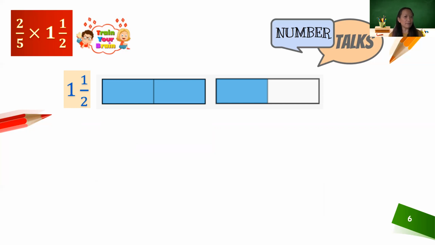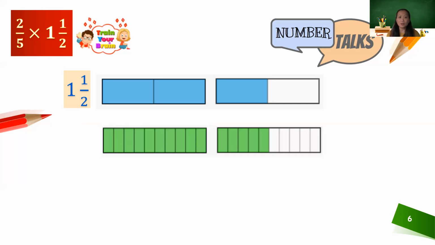Well, I only have 3 pieces, so the only choice I have is to make these pieces smaller. How many pieces should I cut? I'm going to cut each one of those blue pieces into 5 equal parts. So now my one whole will have 10 equal parts. And so altogether, 1.5 is the same as 15/10.